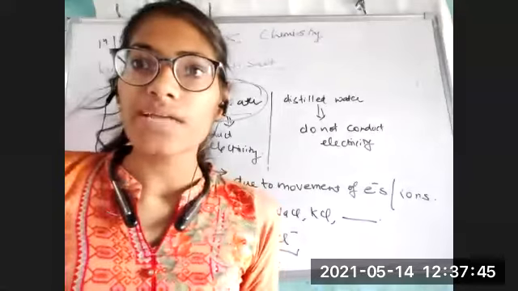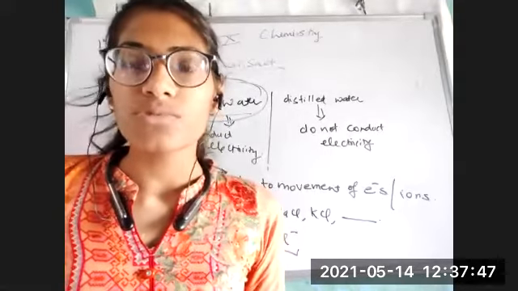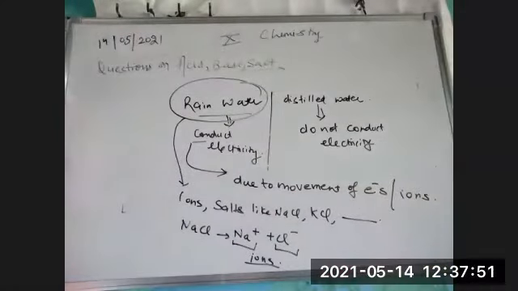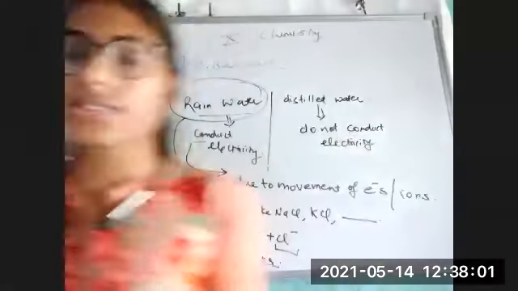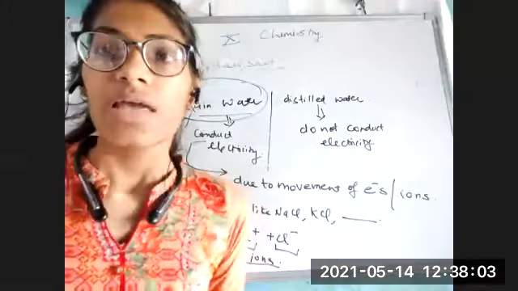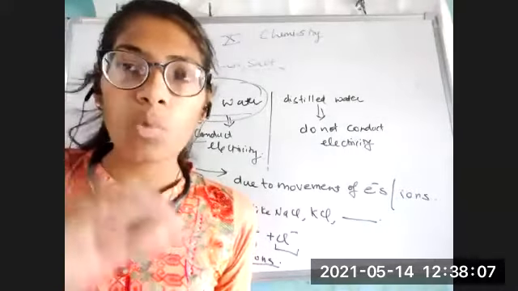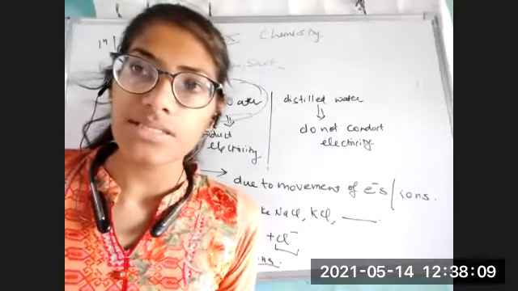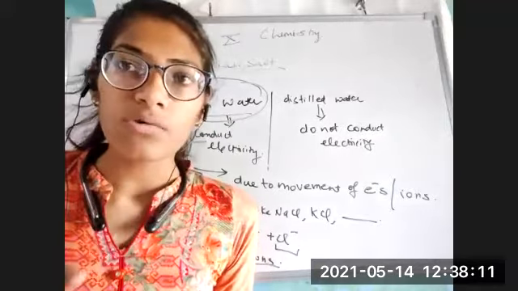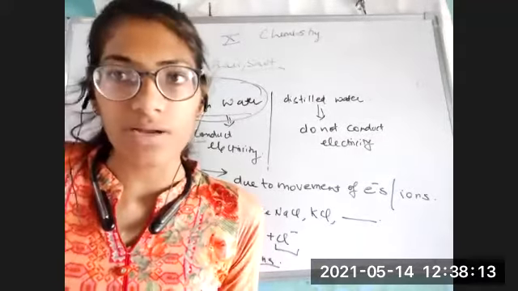Now let's move to our next question, which is also based on the same topic. That is, why do acids not show acidic behavior in the absence of water? Children, till now you have got the point that every question we have studied is based on the same topic, that acid on dissolving into water shows electricity, while glucose and alcohol on dissolving into water do not show electricity.